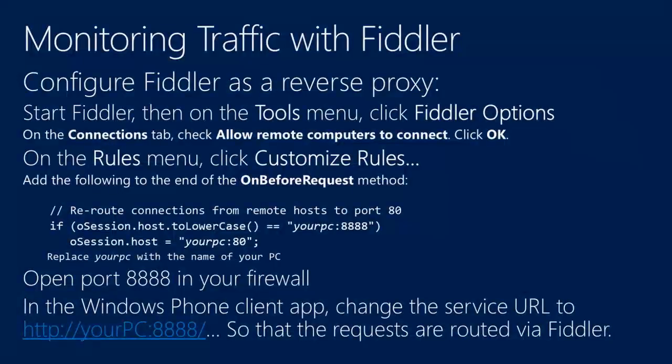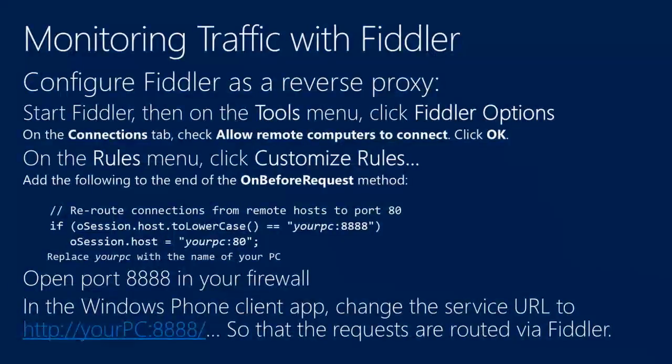Fiddler is a sort of network sniffer, and you can watch what's going on between your phone device and the server. But even that, you have to do a little bit of configuration because you need to configure it as a reverse proxy. So Fiddler will intercept any calls coming from your client software and then reroute them to the server. And while it's doing that, it can measure what's going on.